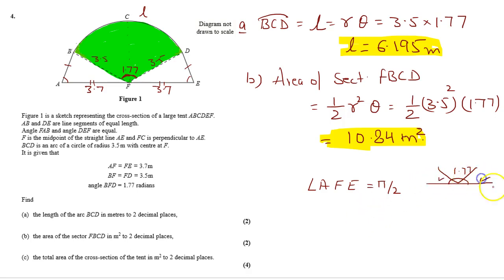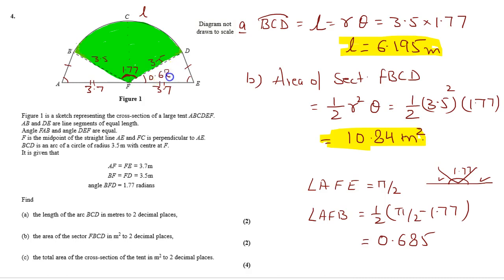So the remaining two angles will be, or we can say angle AFB will be half of pi over 2 minus 1.77. So this angle will be 0.685. So this angle is 0.685 radians.